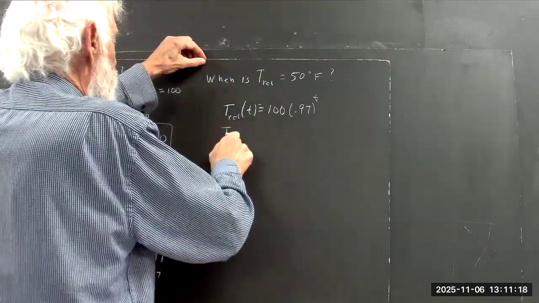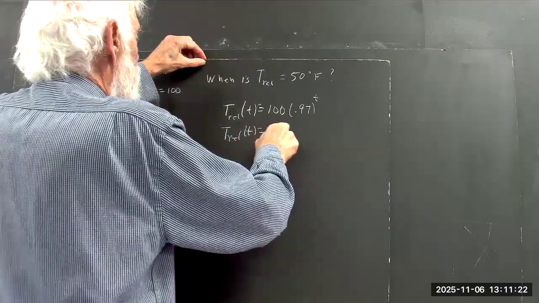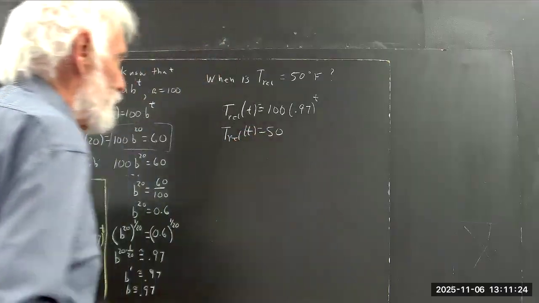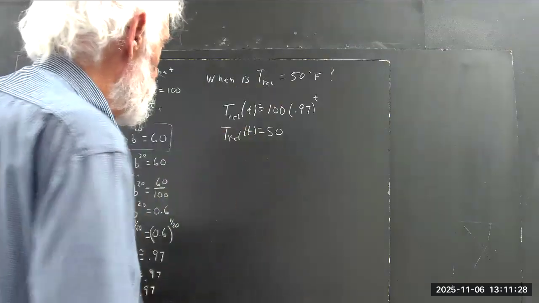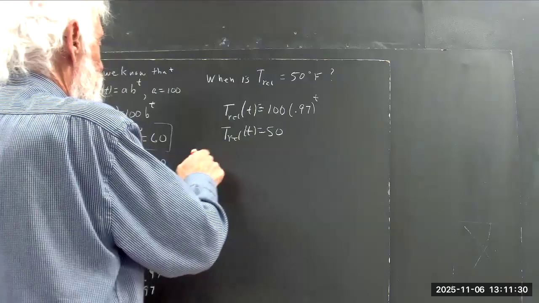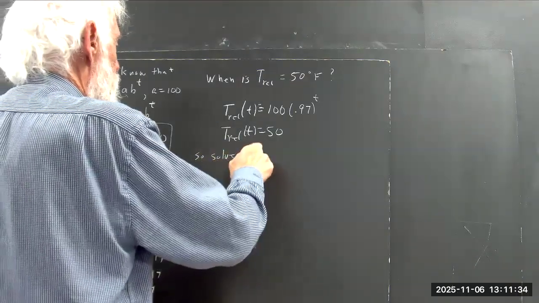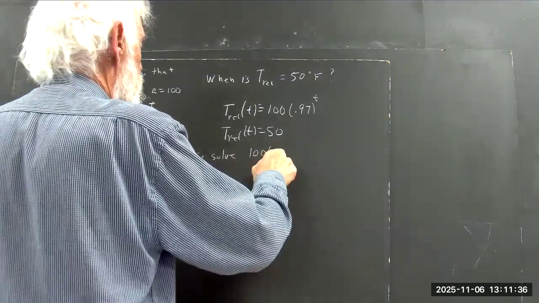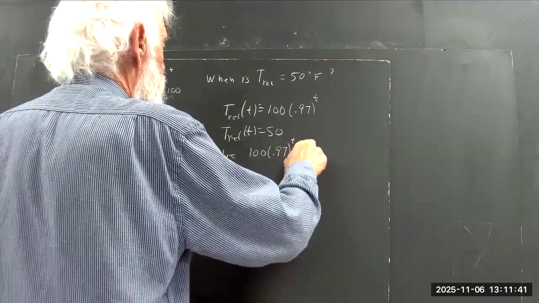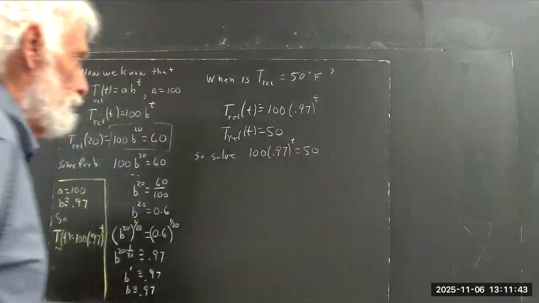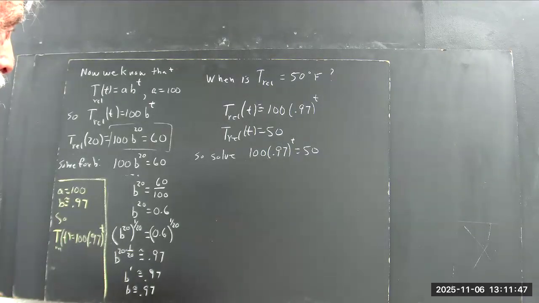So I can write it out like this: T relative of T equals 50. Okay. Well, T relative of T equals this, and it equals this. Okay. There it is.